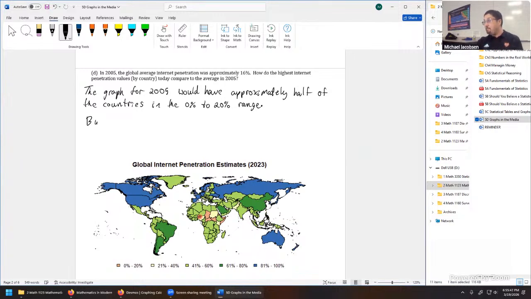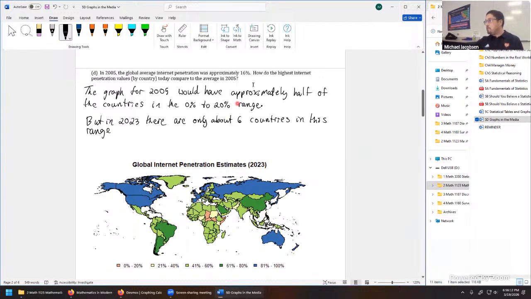But in 2023, there are only about, because it's kind of hard to visually estimate these borders, we could have potentially missed an island or something, but there's only about 6 countries in this range.